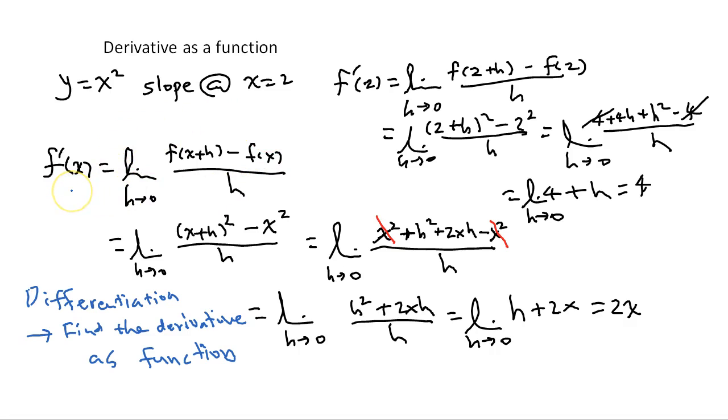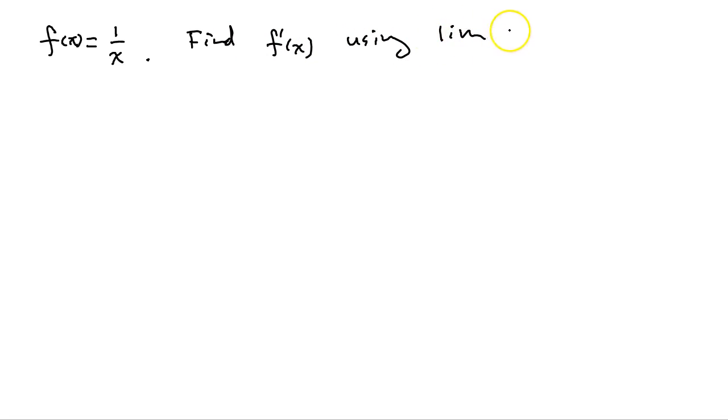Let me show you a couple more examples in finding the derivative as a function using the limit definition. First question. Say you're given f of x equals 1 over x. Find f prime of x using the limit definition. Solution. f prime of x.